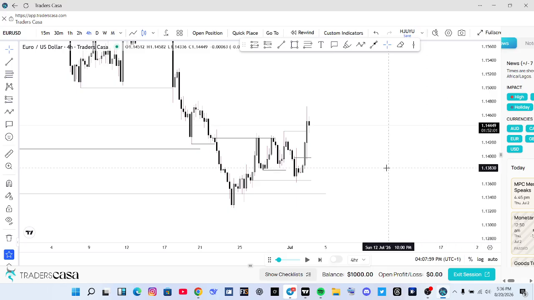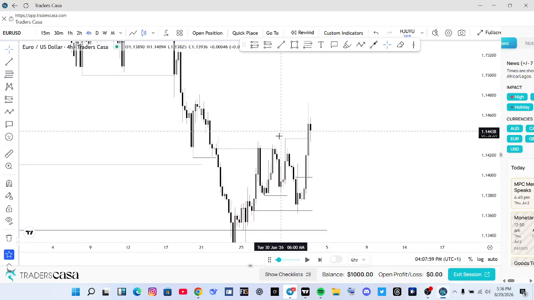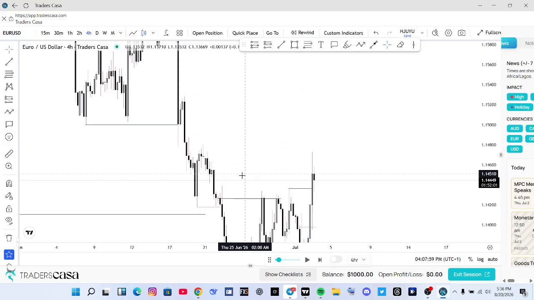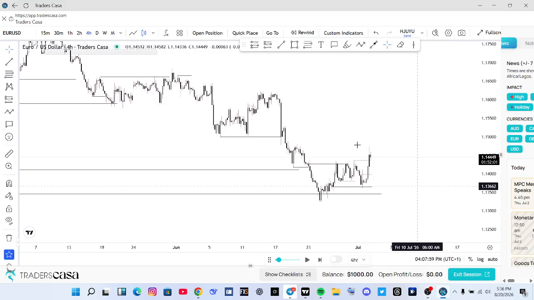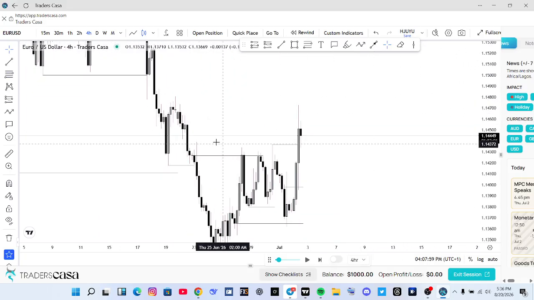Maybe let's take a few more examples. I'm even enjoying the class actually. After this break now, we have this zone here, and then this major structure here. Can this little one push price downward? This one, yes, it can push price, depending on what is happening in the market.